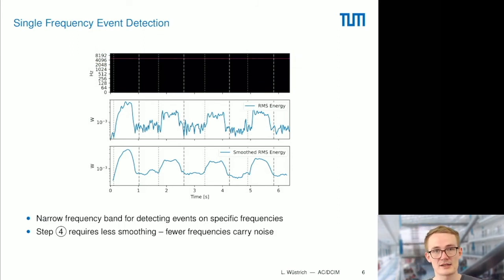Since the RMS energy only has the energies from this very narrow frequency band, we reduce the amount of smoothing in the fourth step, because there are fewer frequencies that carry noise. The measurements here show a buzzer that makes a sound around every 1.5 seconds for half a second, which is the result of a faulty fan on a server in the data center.